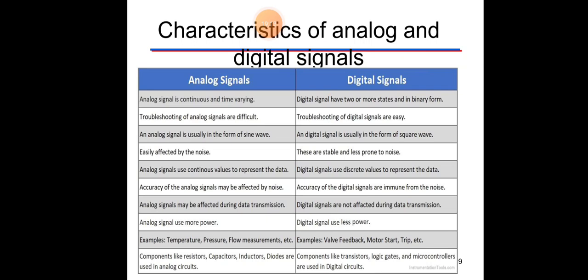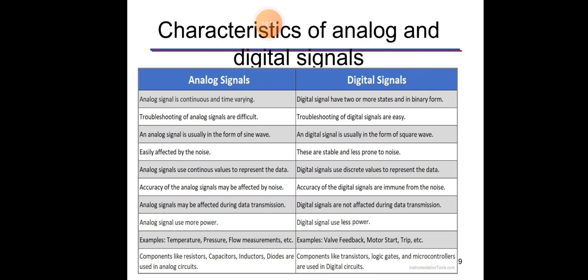Next point says that analog signals use more power and digital signals use less power. Why this? Because the data is in the form of discrete values, logic 0 and 1. So there is less power consumption in digital signals.